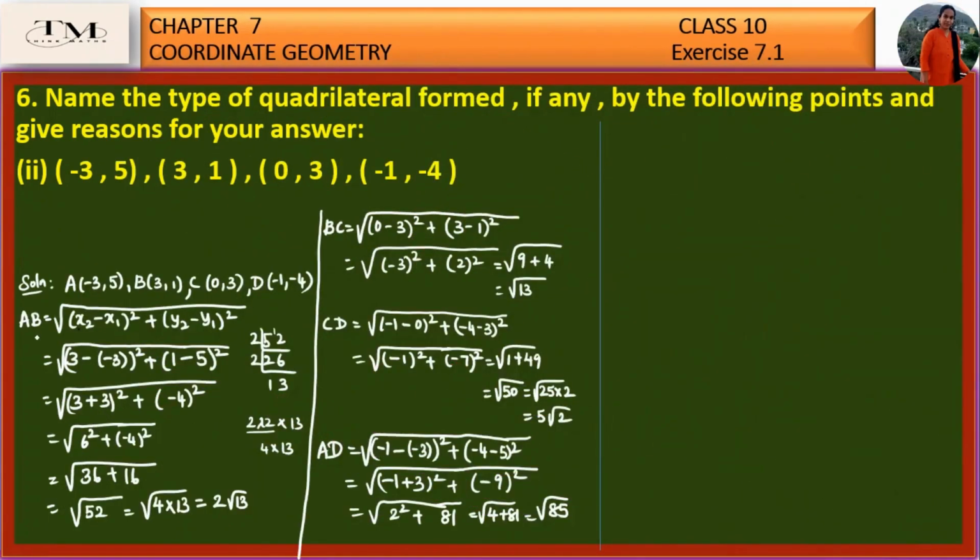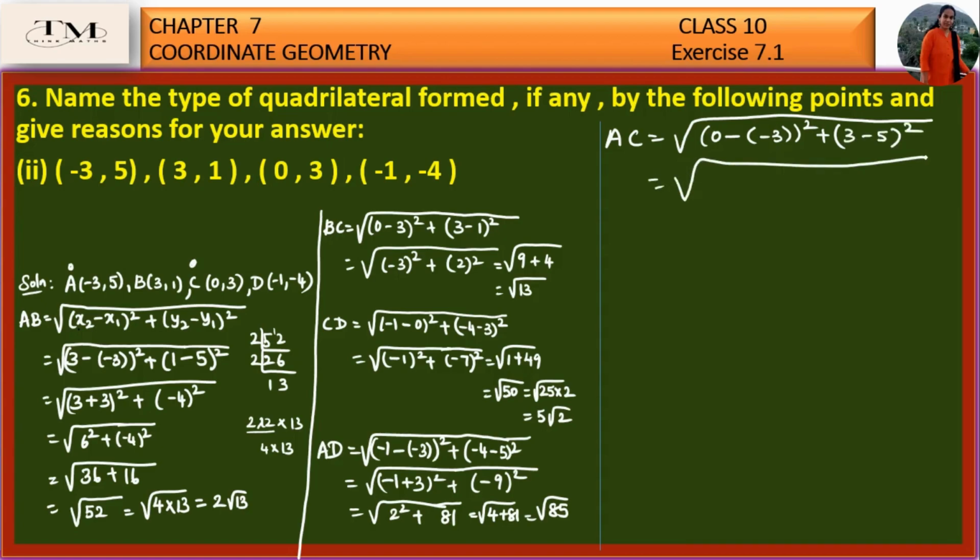So far we found AB, BC, CD and AD values. So this I have minimized here. Now we have to check whether diagonals are equal or not. So AC. What is AC? This is A point and C point. So it is 0 minus x1, which is minus 3, whole square plus y2, which is 3 minus 5, whole square.